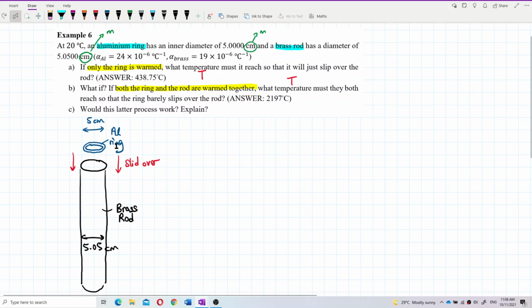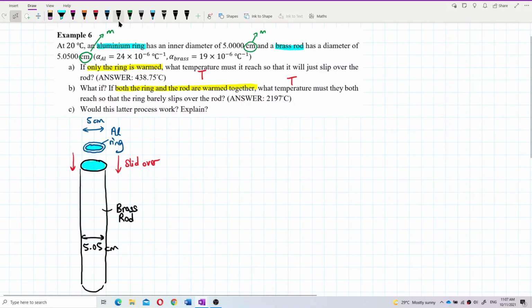So we are considering the area, the inner diameter area and the diameter of the rod. We want to find the temperature when these two become equal.